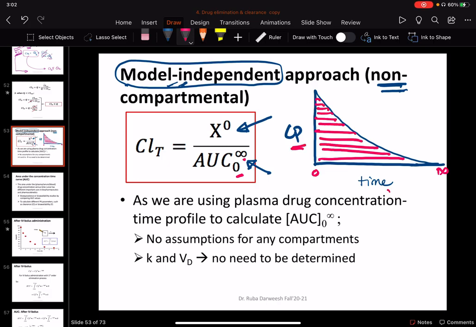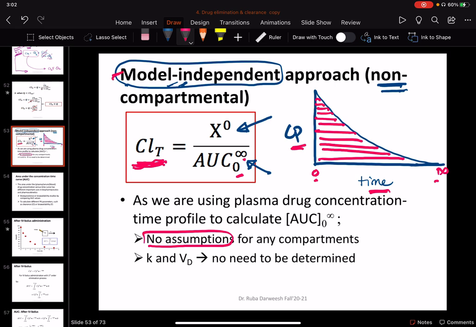Okay, so if we ask ourselves, do we have any assumption to determine the total area under the curve? No. So that's why we have no assumptions to take into consideration before having this equation or this clearance calculation.